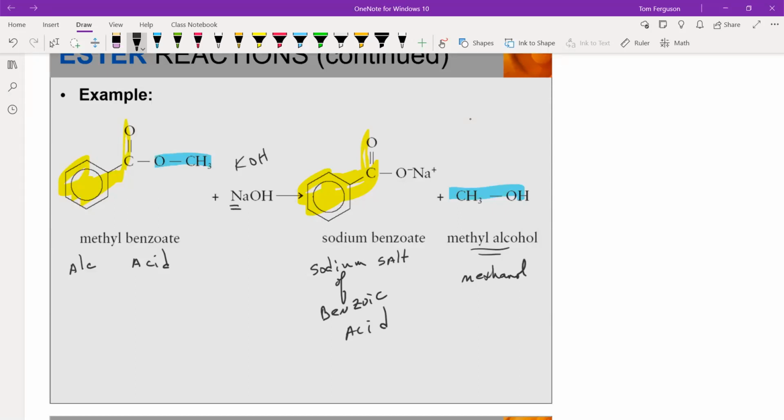When we have the ionic form of the acid, we go to the ATE form of the name, benzoate. Sodium benzoate is a common preservative used extensively in preservation.